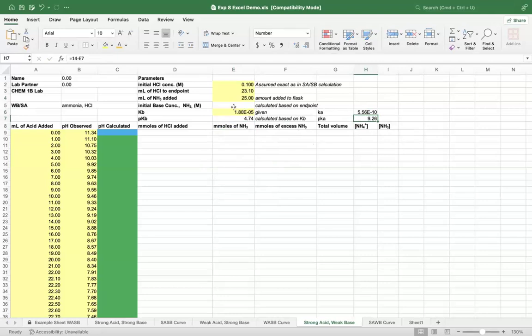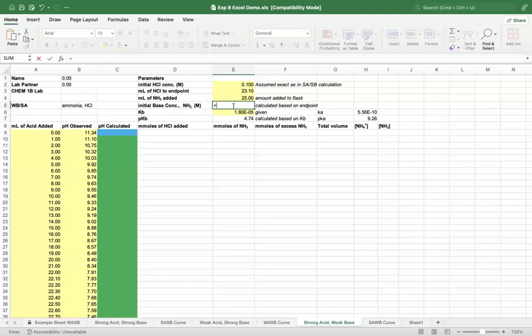All right, we need a starting concentration for our base. This is based on the neutral point and the amount of acid we added. So if we added 23 mL of 0.1 M HCl, then those millimoles should be equal to the millimoles of NH3.